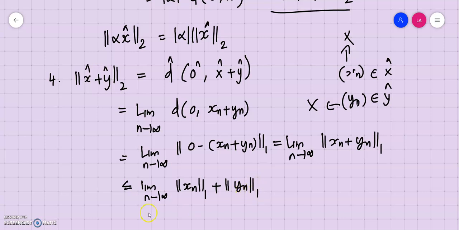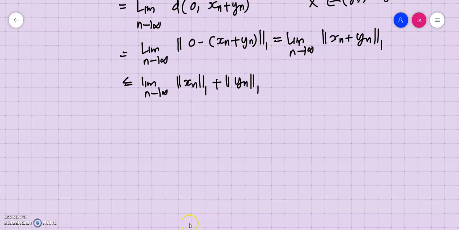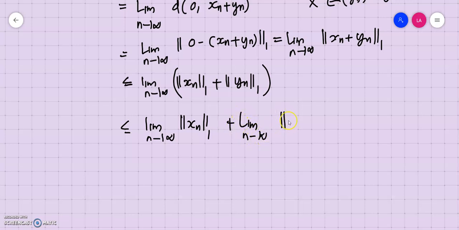It's clear, because of the property of the norm in X. Now the limit can be split, which is less than or equal to limit n tends to infinity norm of xn 1 plus limit n tends to infinity norm of yn 1.